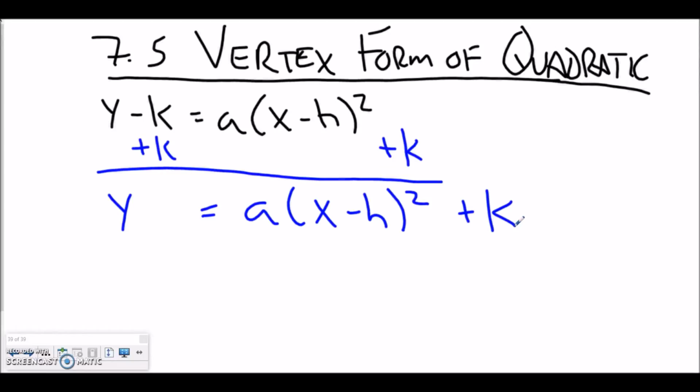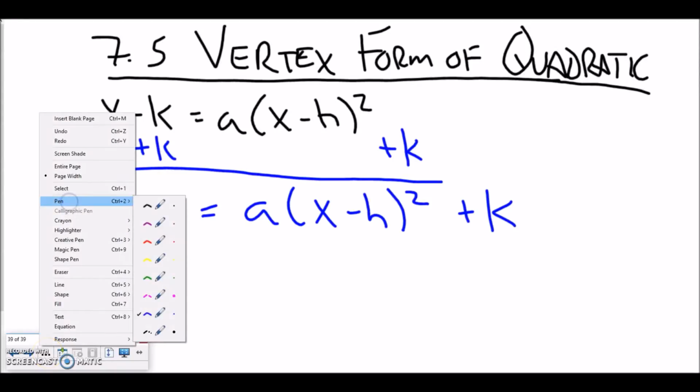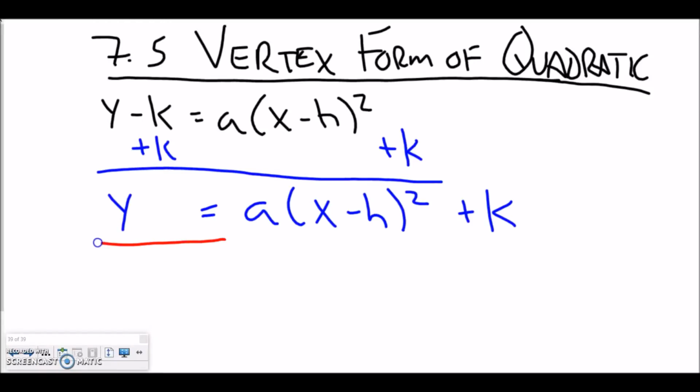And again, I know that doesn't make a lot of sense right now, but the key here is we have a y equals. Why? Well, on your calculator, anytime you graph, it needs to be y equals. So that's why we move the k to the other side.